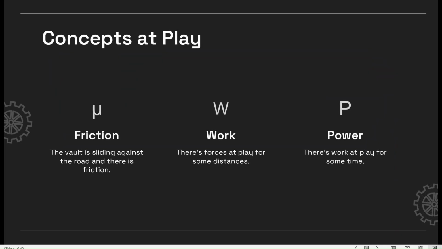The main components at play are friction, with the vault sliding against the ground. There's forces at play, and they're going over some distances, so work is another concept that we need to look at.